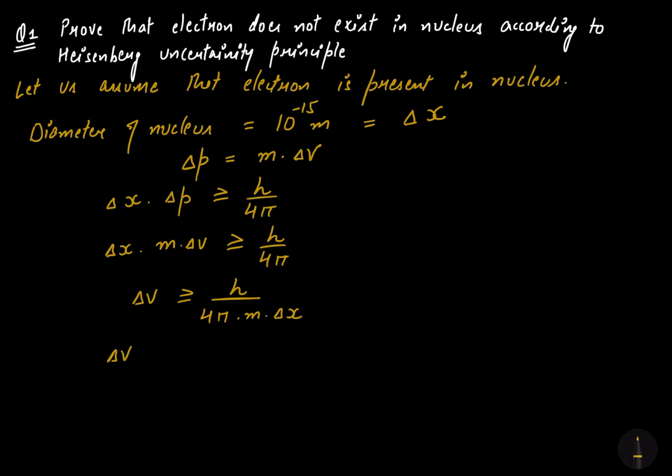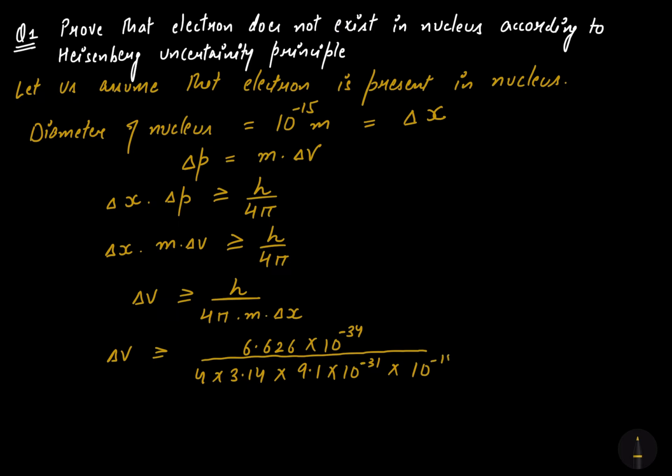So delta v will be greater or equal to, what's the value of h? It's 6.626 into 10 raised to the power minus 34 divided by 4, into pi, which is 3.14, into the mass of electron, 9.1 into 10 to the power minus 31 kilogram, into the uncertainty in the position, delta x, which is 10 to the power minus 15.